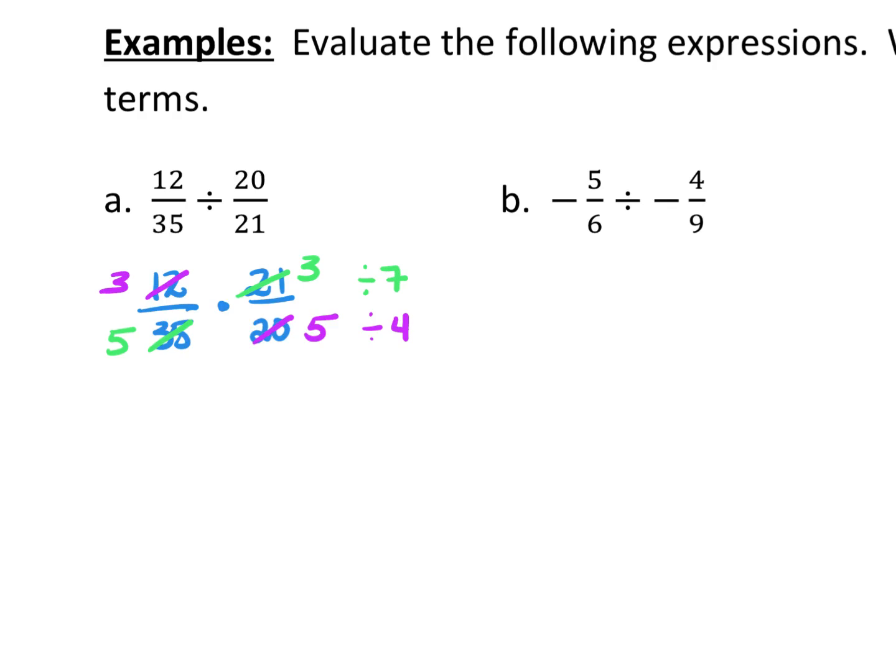They cannot be canceled because remember that when you cancel, it has to be a top with a bottom. We don't have any more tops and bottoms that can cancel, and so from here we multiply straight across. 3 times 3 is 9 over 5 times 5 is 25.